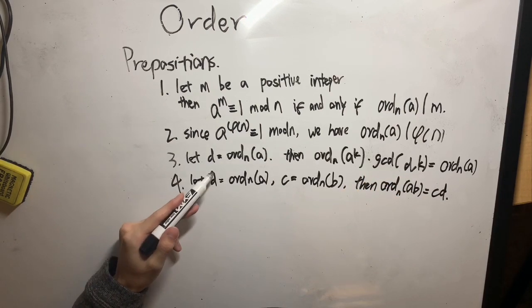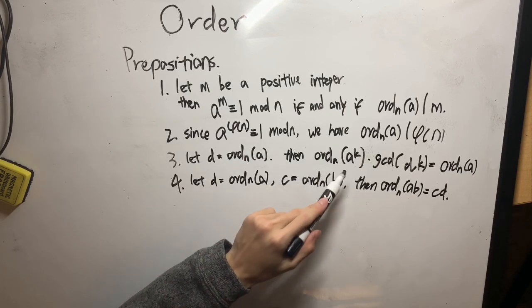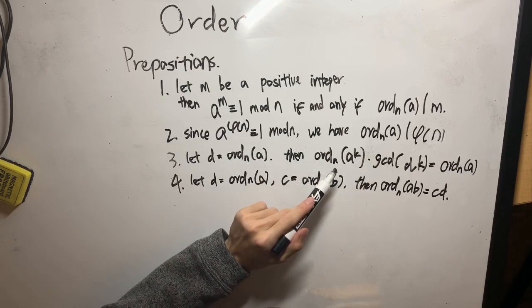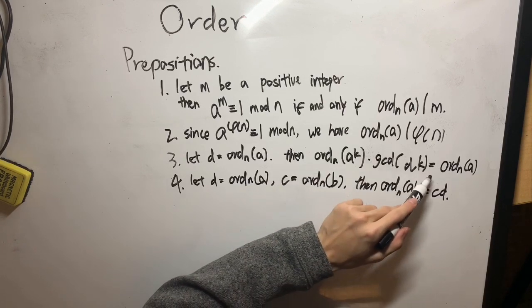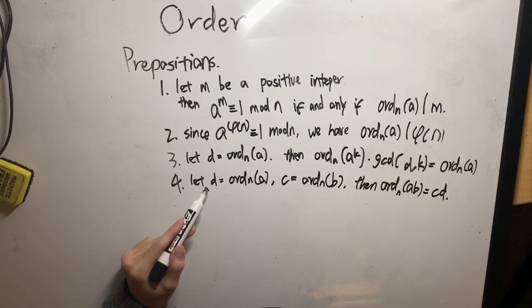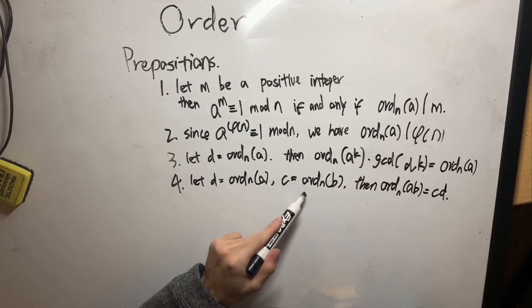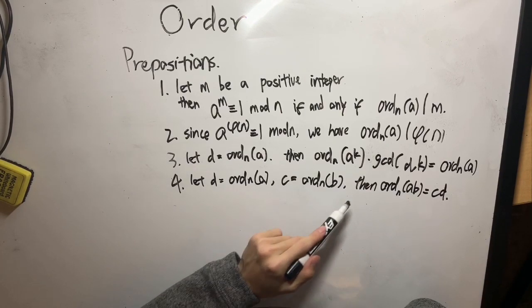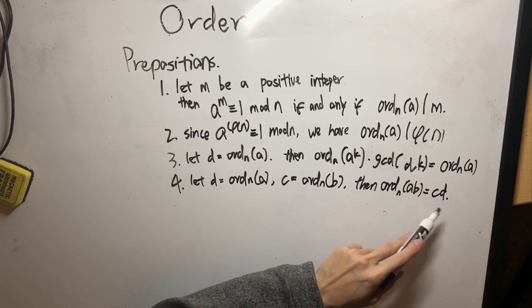Next, let d be the order of a modulo n, then the order of a to the k's power modulo n times the GCD of d and k equals the order of a modulo n. The last one: let d be the order of a modulo n and c be the order of b modulo n, then the order of ab modulo n equals cd.